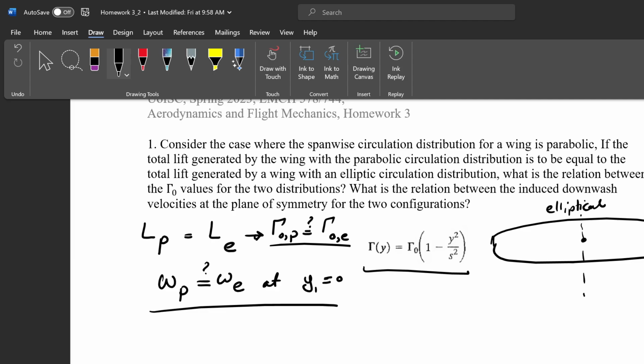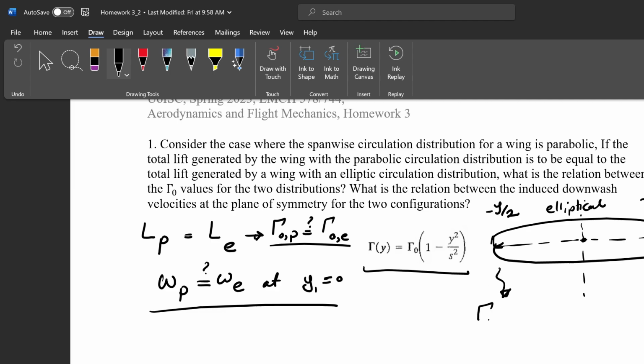They put the symmetry plane, this is the top view of the wing, they put the symmetry plane in the middle, right? And they tell you that you go to b/2 to negative b/2, right? That's why your distribution of circulation looks a little different from the one you have here.